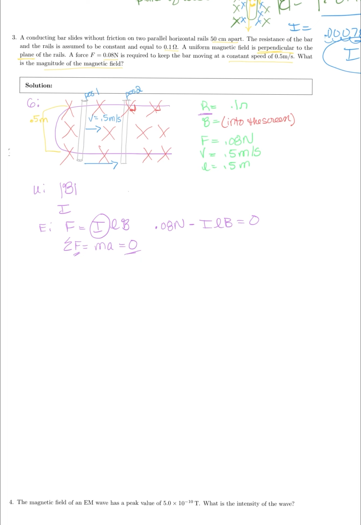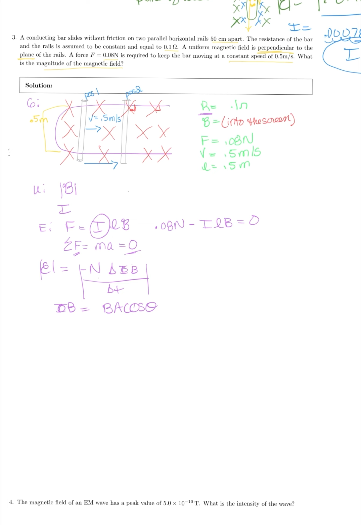When we were talking about this equation right here, EMF equals negative N delta phi B over delta T, and we know that phi B equals BA cos theta.